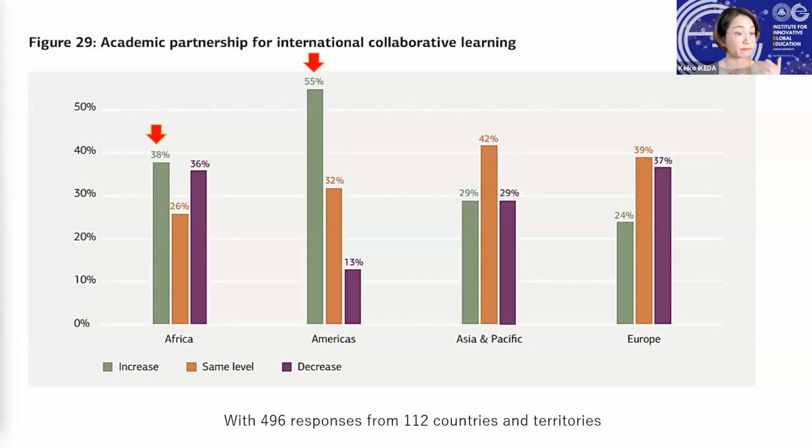With approximately 500 respondents from 112 countries and territories, it's reported that with the pandemic impact, academic partnership for international collaborative learning, including COIL, which Kansai University is very strongly doing, has shown the most growth in Africa and Americas. And the importance of international online collaborative learning is increasing as you can see in the slide, and at Kansai University too, we're pushing for international collaboration online as well.